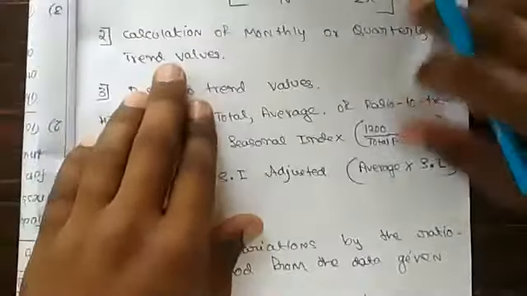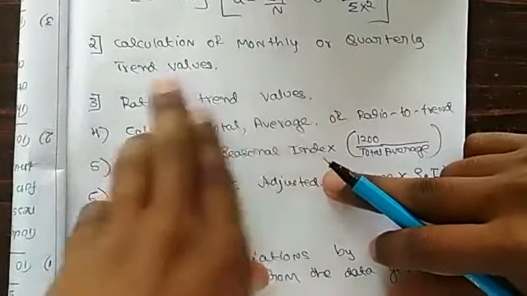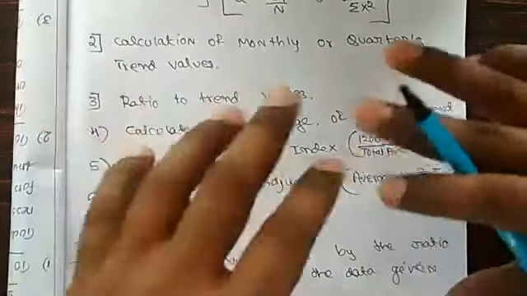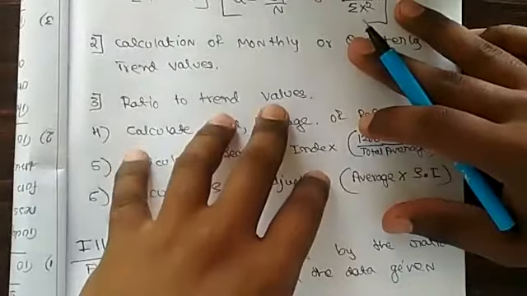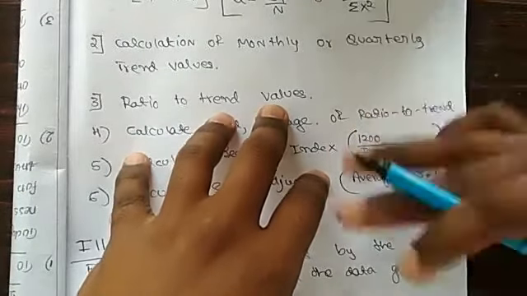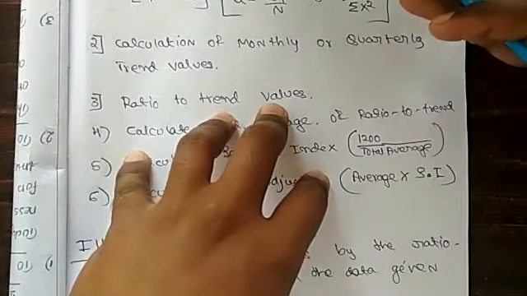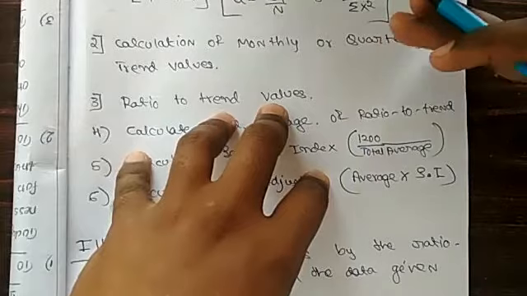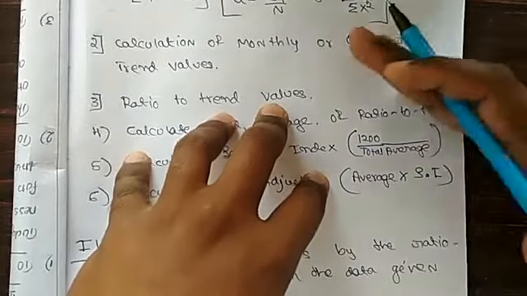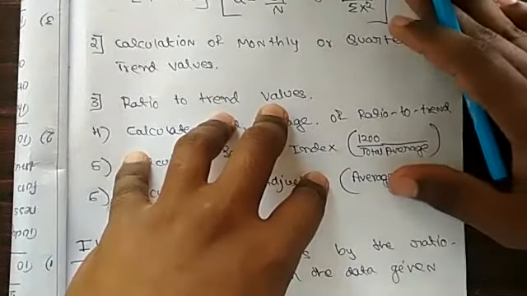The second step is calculation of monthly or quarterly trend values. You know that we can calculate a seasonal index only for monthly or quarterly data. We cannot find a seasonal index for annual data. Seasonal variation we can trace only in monthly or quarterly data, so normally questions give quarterly or monthly data.